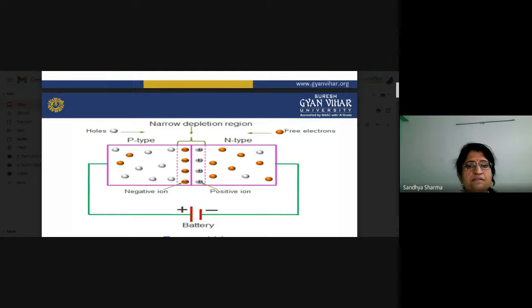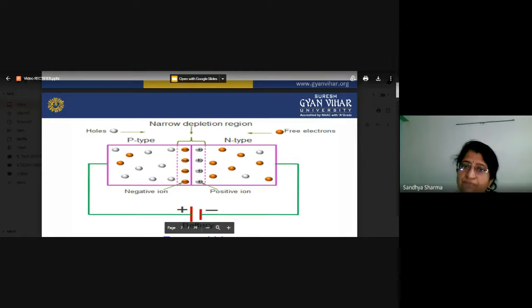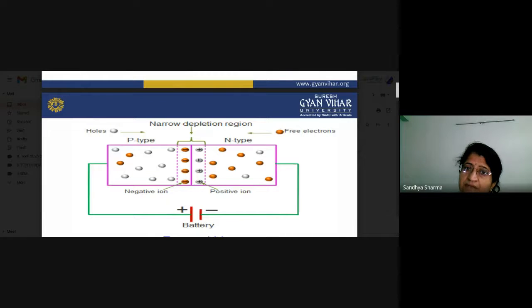Due to this, the flow of current starts. In forward biasing, a diode offers very low resistance, so it works as a short circuit.